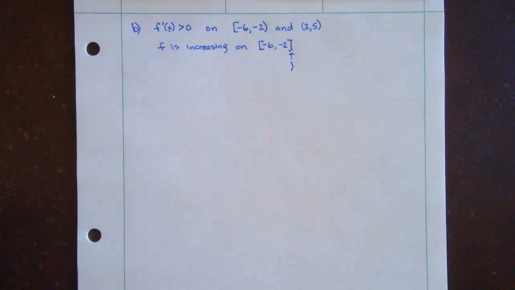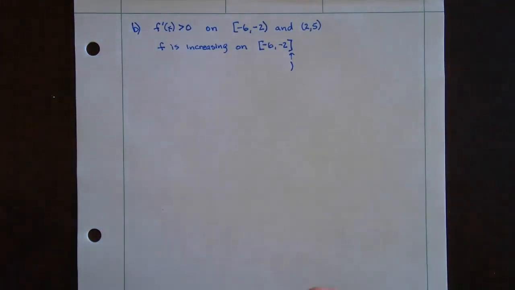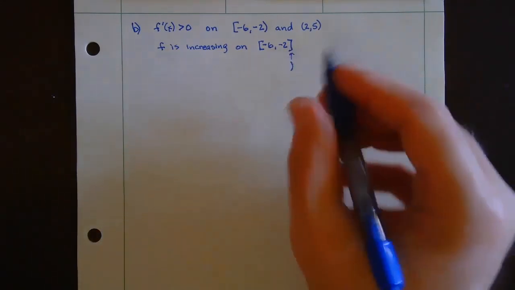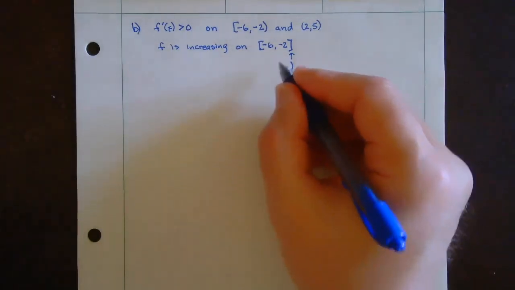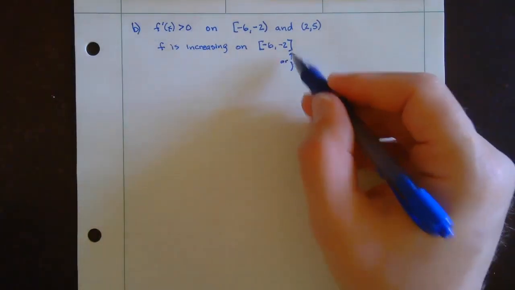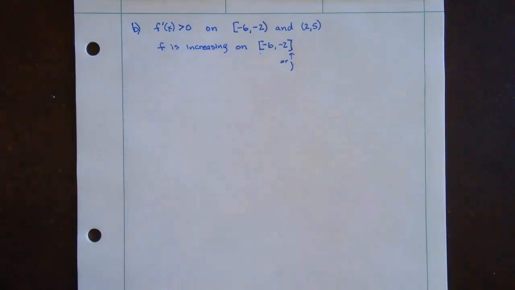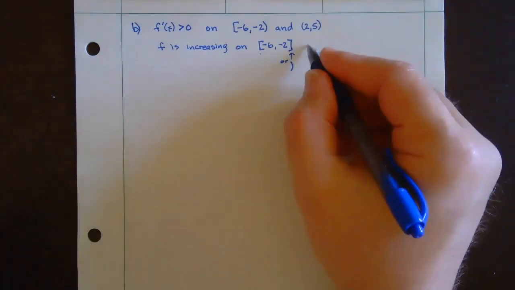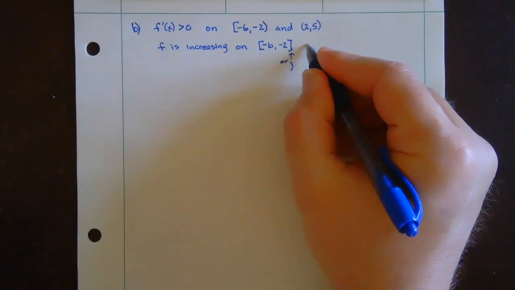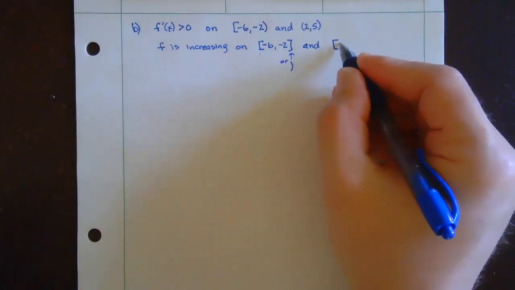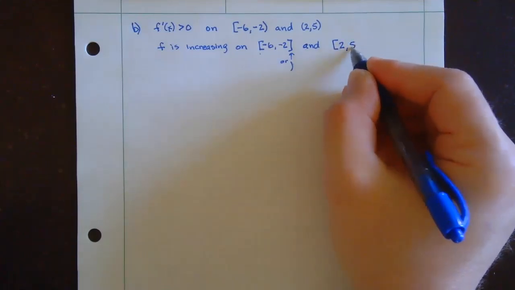Some people include the -2, some people don't. It's not always agreed upon whether you include it or not, so they're going to accept it either way. You can have a bracket or a parenthesis right here on the -2. You have to have a bracket on the -6. And then it's also increasing on this interval. Now, I would do bracket 2 to 5 bracket.